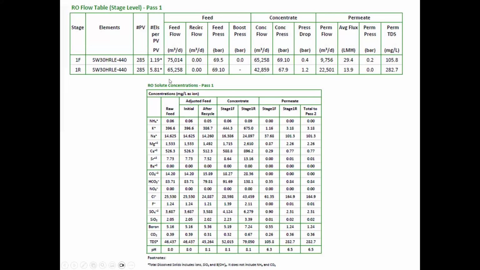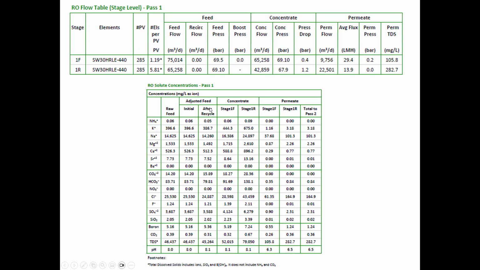You will also see your overall pass of the first stage level, and the feed water condition, concentrate condition, and permeate condition. At the same time, each individual ion will show how much concentration you initially have, and then we change the pH.